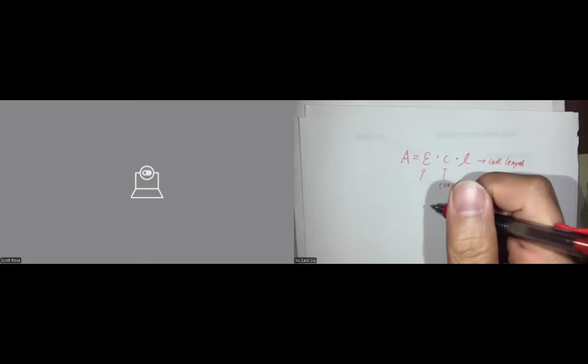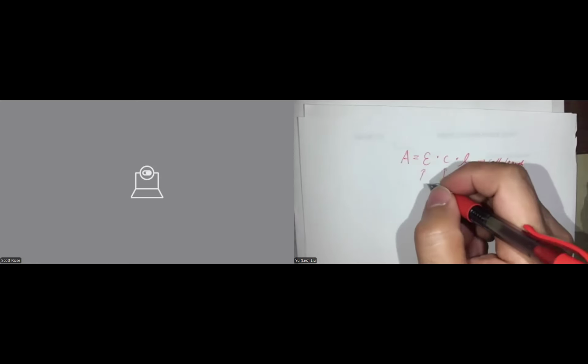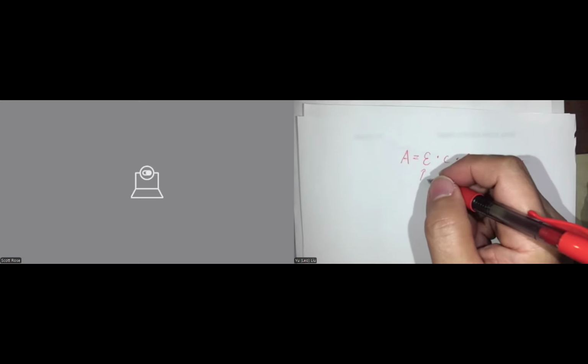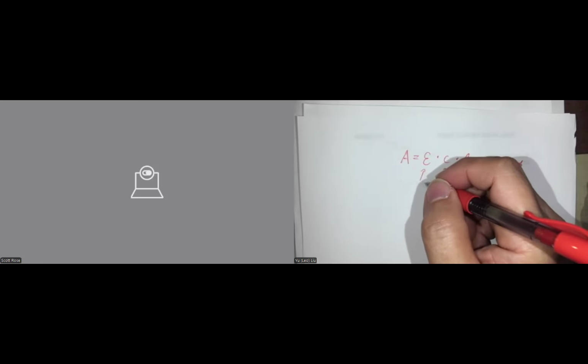And the next one, epsilon here, we call the extinction coefficient. Nowadays people call it the absorption coefficient or whatever. Different compounds will have a different number.